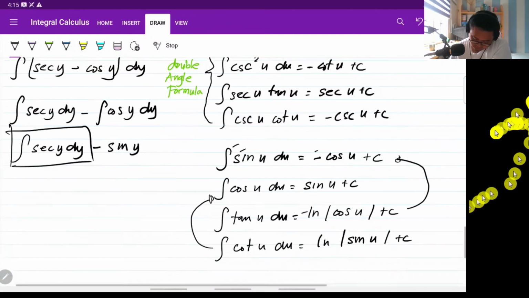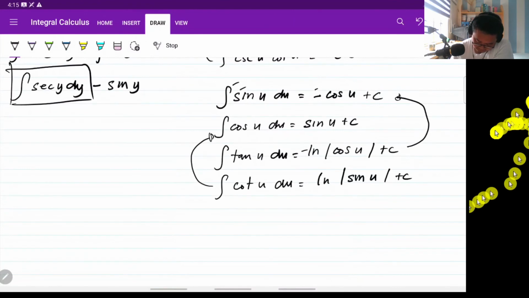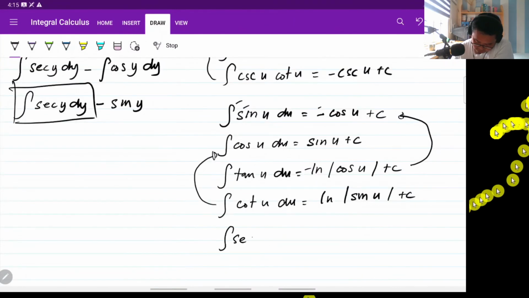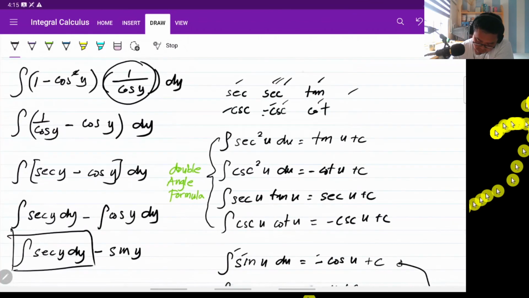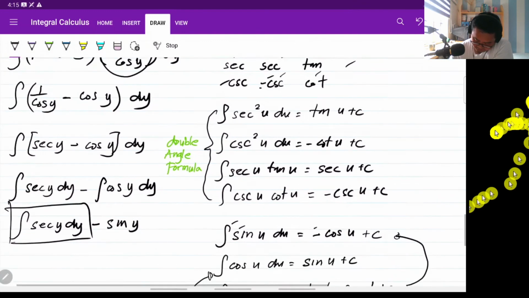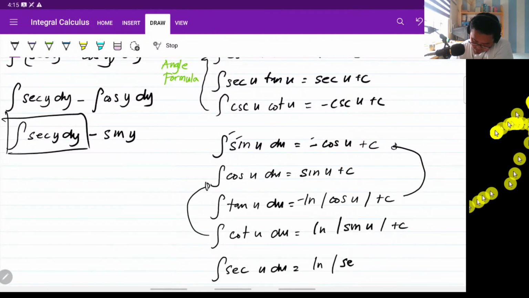Next, for secant u du, just use ln and copy the formula for the double angle. So secant times tan: ln of secant u plus tangent u plus c.